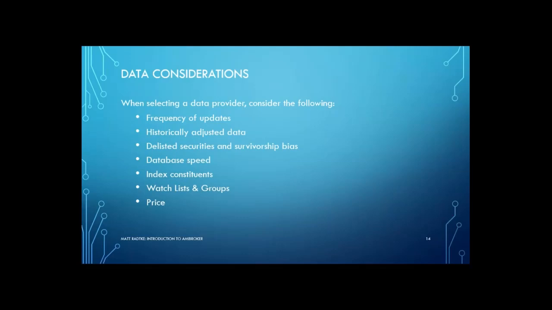So definitely give some thought ahead of time to what you actually need for your testing, and then go out and find a data provider that gives you that data at the best price, as well as all these other features that you need to consider.